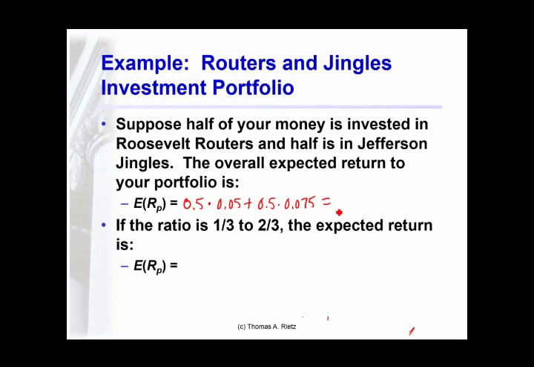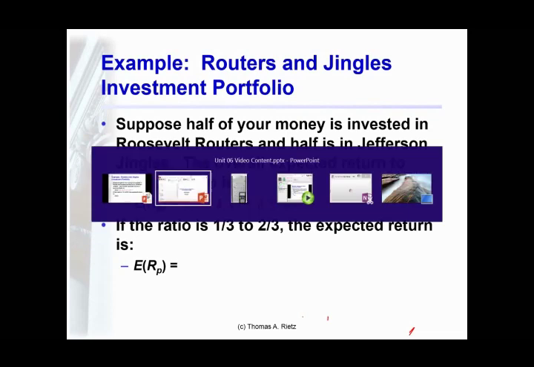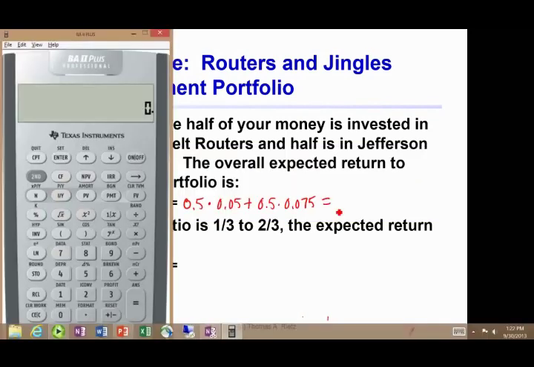The weighted average expected return that holds overall in your portfolio is just 50% times 5% plus, in parentheses, the other half of the money, 50%, times 7.5%. That's 6.25% overall.